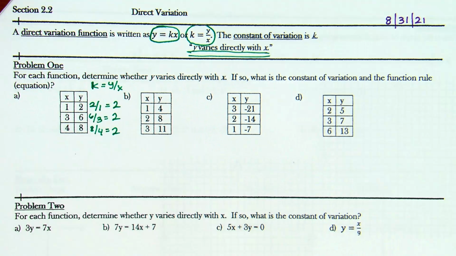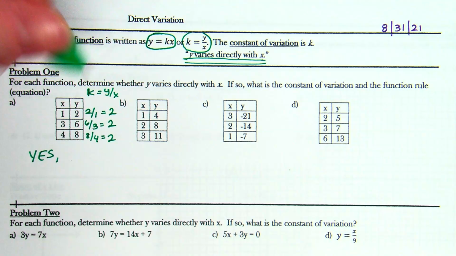Now, if so, what is the constant of variation? K is 2, because in order to find k, we do y divided by x, and we got 2 every time. Then, what is the function rule? Notice in parentheses it says equation.